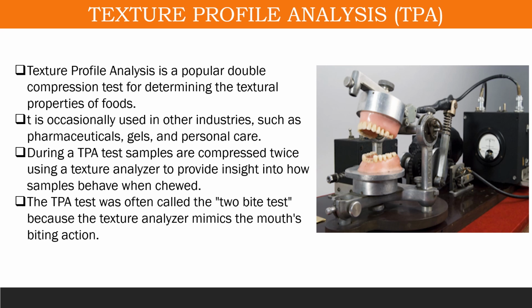The next computer-aided sensory evaluation device is the texture profile analyzer. Texture profile analysis is a popular double compression test for determining the textural properties of food. It is occasionally used in other industries such as pharmaceuticals, gels, and personal care. During a TPA test, samples are compressed twice using a texture analyzer to provide insights into how samples behave when chewed.